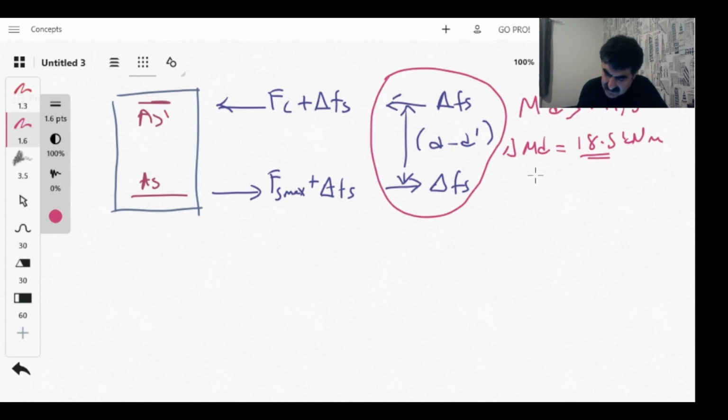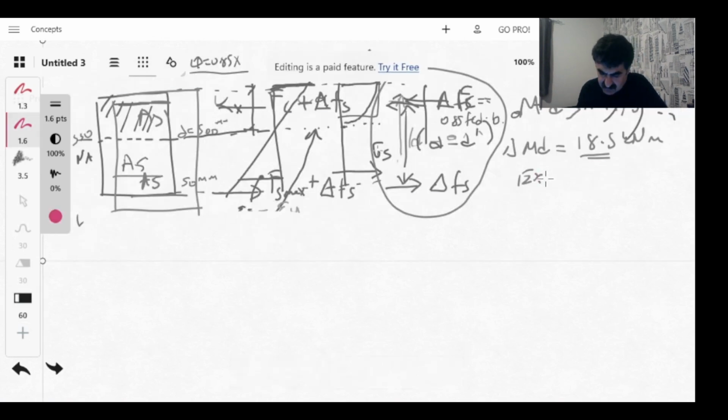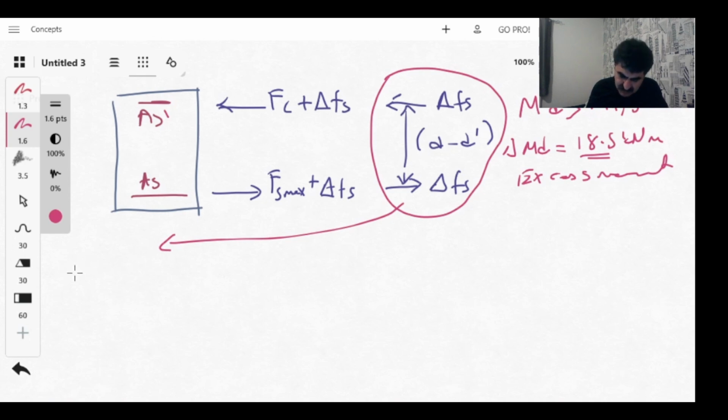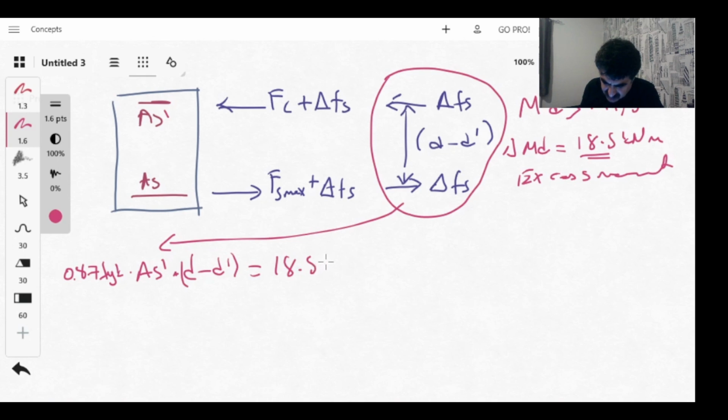We can call this the excess moment. From balance equilibrium of these forces, 0.78 fyk multiplied by As prime and multiplied by d minus d prime should be equal to the excess moment, which is 18.5 kilonewton meter.